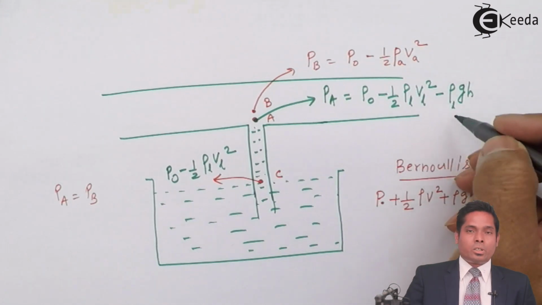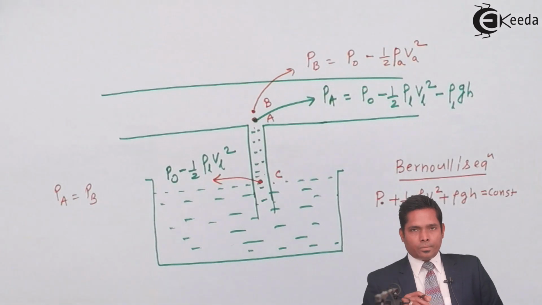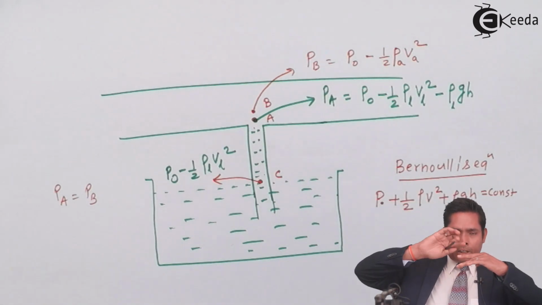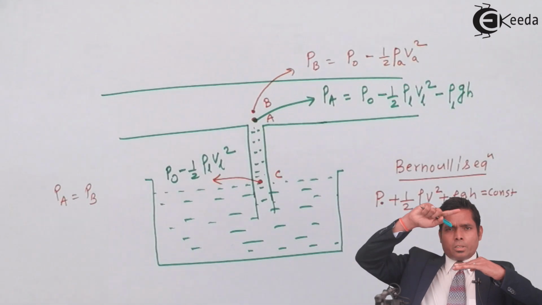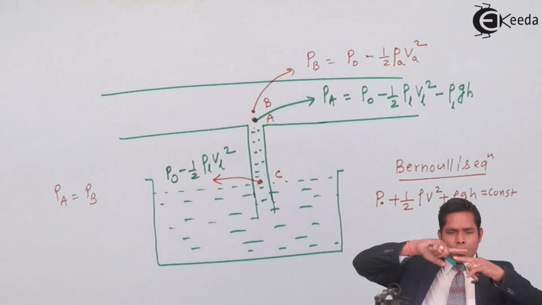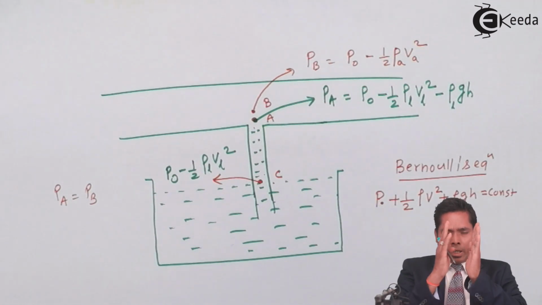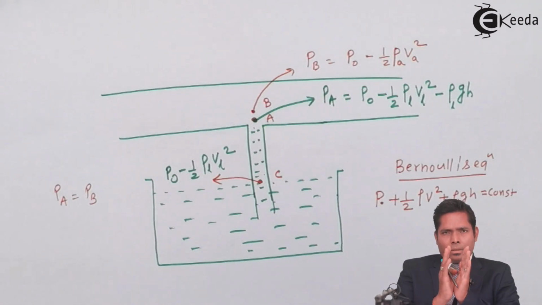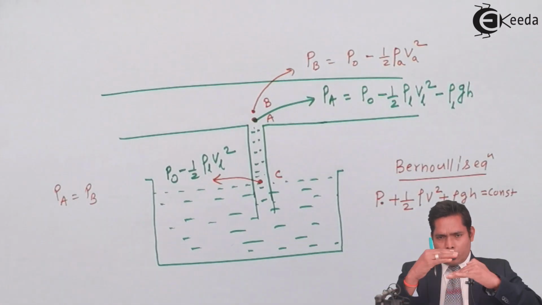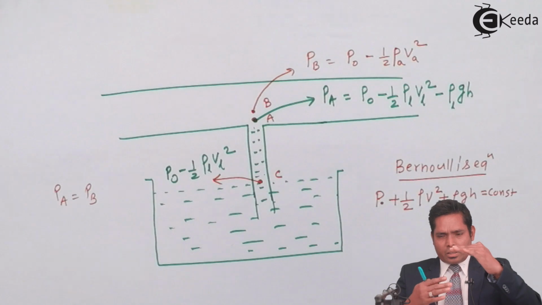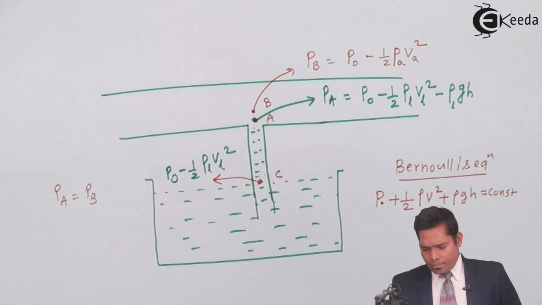The difference in pressure is because of this column of the liquid. The pressure has a minus sign here because in normal cases, when you take a container and go below, the pressure increases. In this case, if you go above, the pressure decreases.